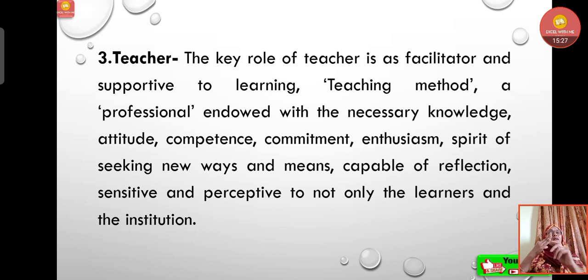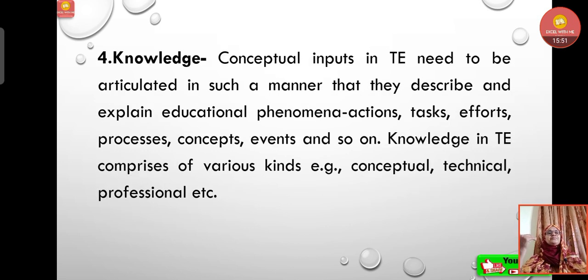The third one, teacher. The key role of teacher is as facilitator and supportive to learning, teaching method, a professional endowed with the necessary knowledge, attitude, competence, commitment, enthusiasm, spirit of seeking new ways and means, capable of reflection, sensitive and perceptive to not only the learners and the institution.